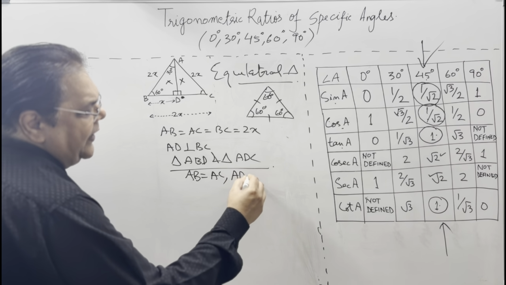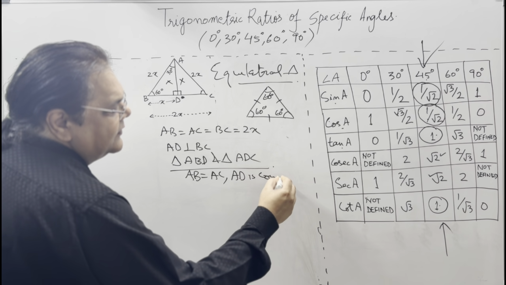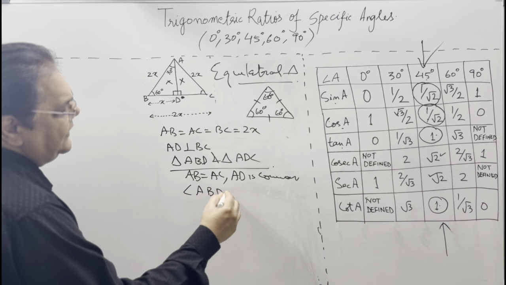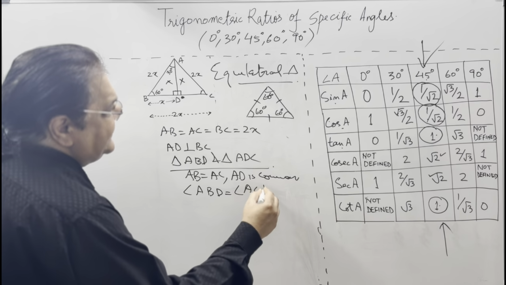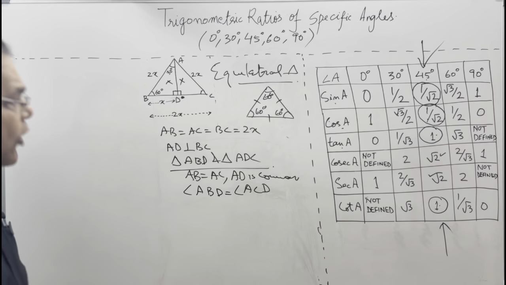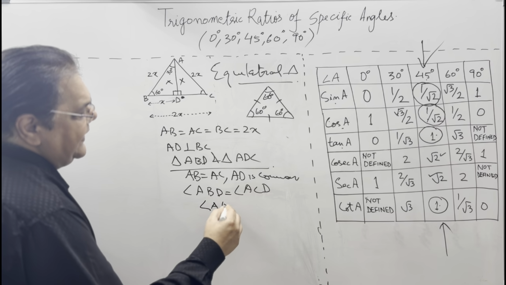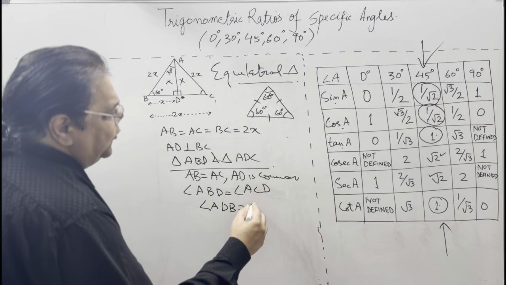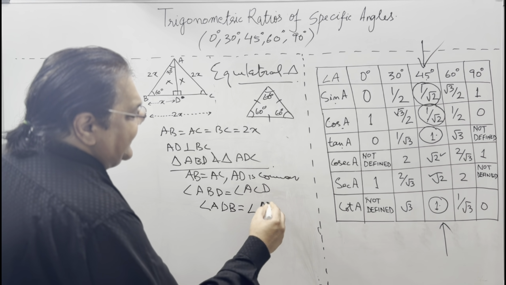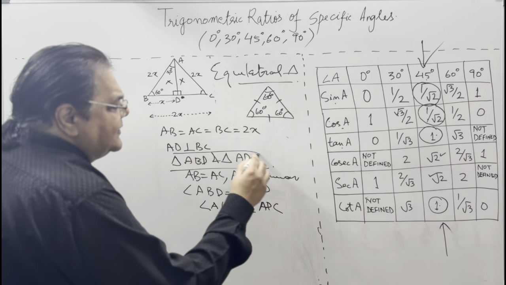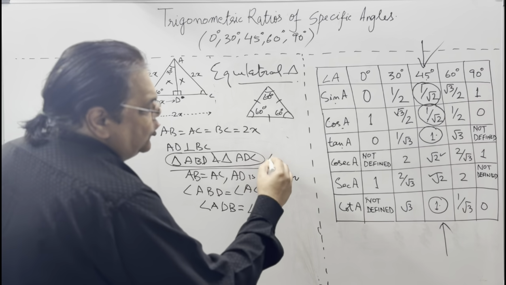AD is common. Angle ABD is equal to angle ACD, and also angle ADB is equal to angle ADC. Hence, these two triangles are congruent.